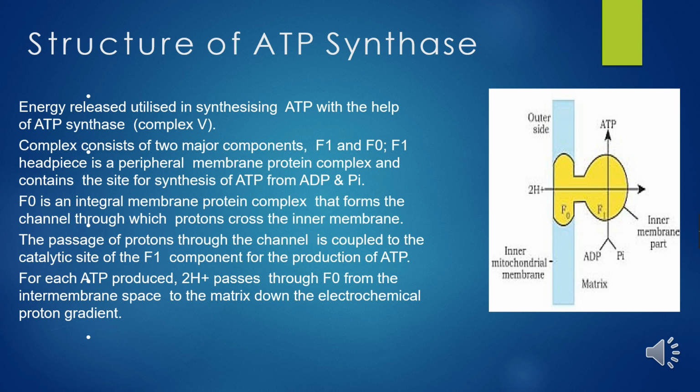The passage of protons through the channel is coupled to the catalytic site of the F1 component for the production of ATP. For each ATP produced, two protons pass through F0 from the intermembrane space to the matrix down the electrochemical proton gradient. Means for the production of one ATP, two protons are consumed.